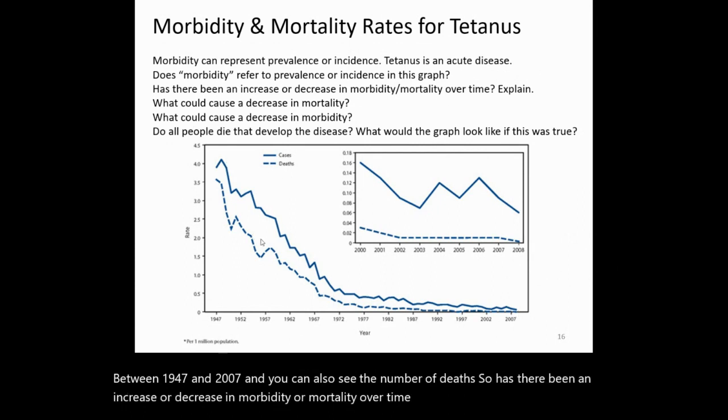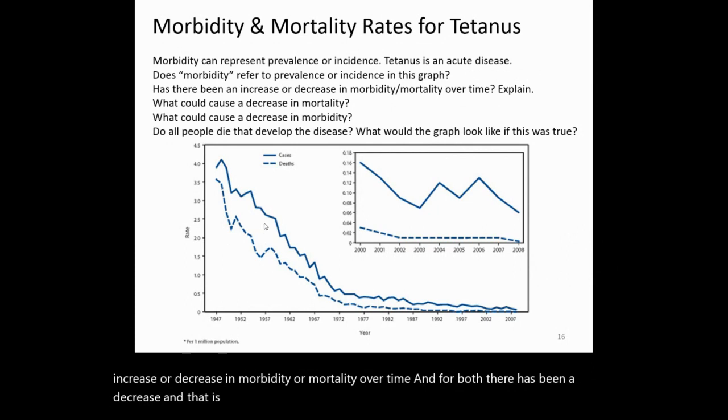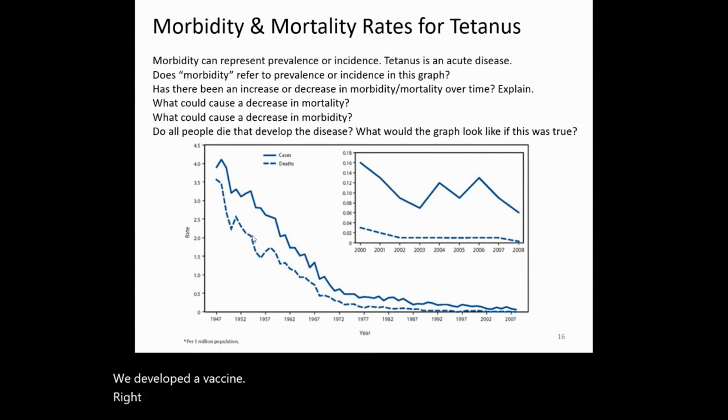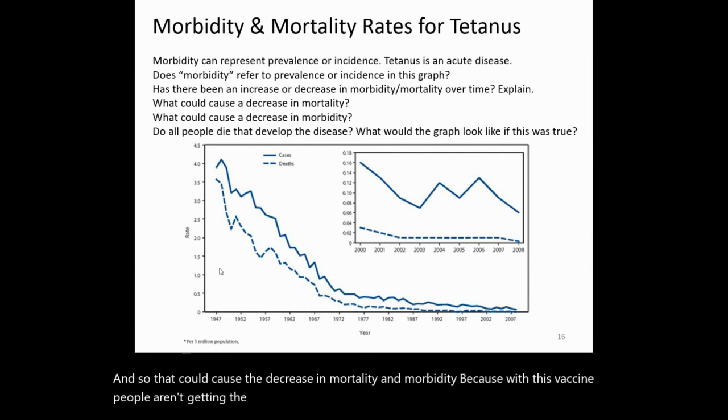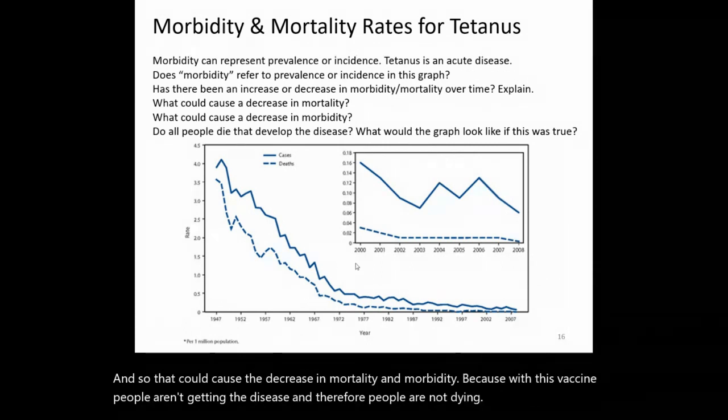For both, there has been a decrease, and that is because, take a second to think about it, we developed a vaccine, right? That could cause the decrease in mortality and morbidity because with this vaccine, people aren't getting the disease, and therefore people are not dying.